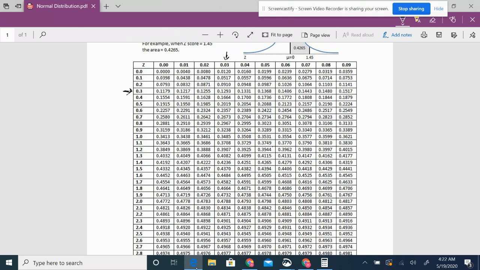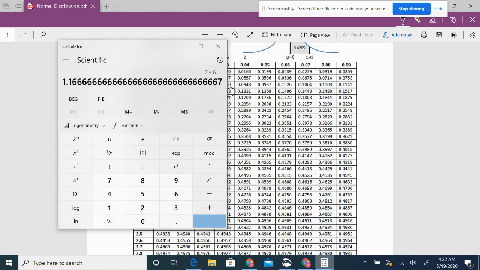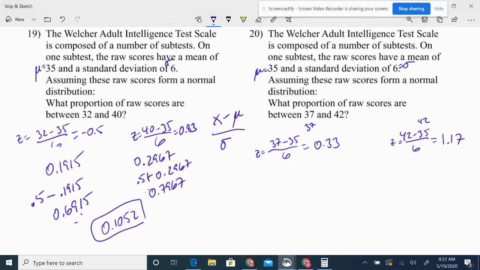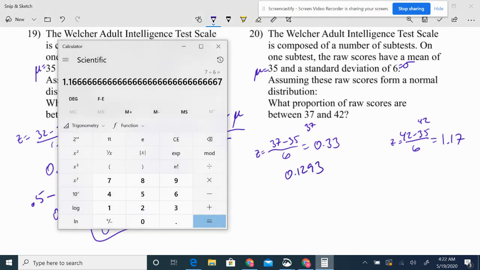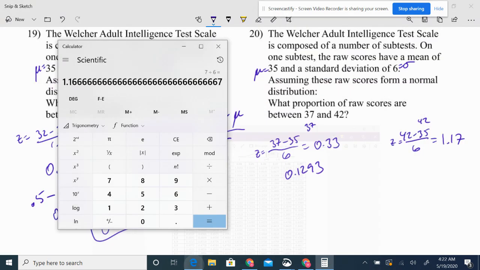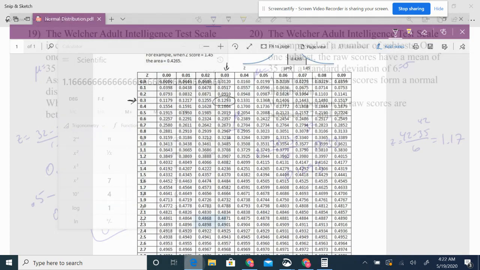So 0.33 is 0.1293. Just double check. Okay. Now the other one, it's 1.17.